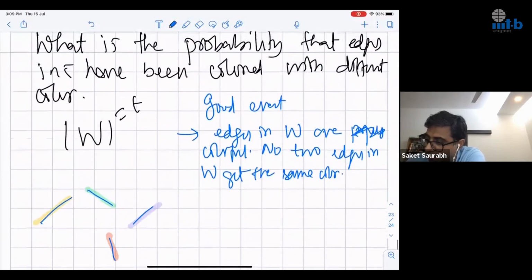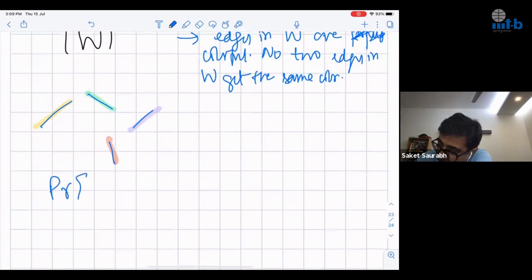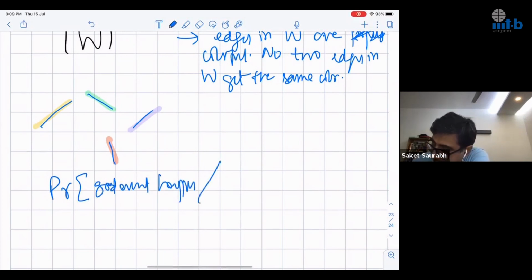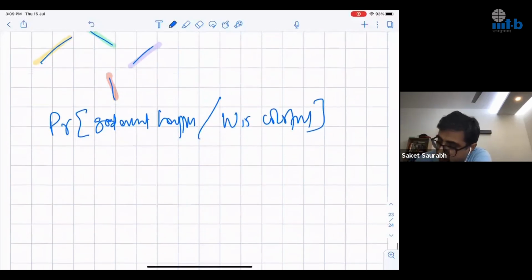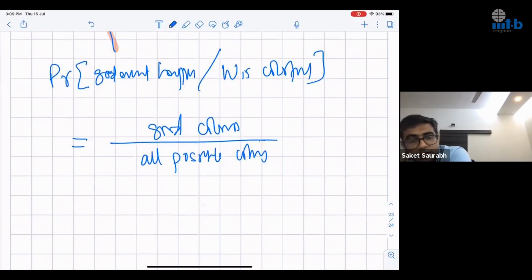Can anybody do this computation for me? We are interested in the probability that the good event happens, that is, W is colorful. Suppose the graph has M edges. Here are all possible colorings, and here are good colorings.